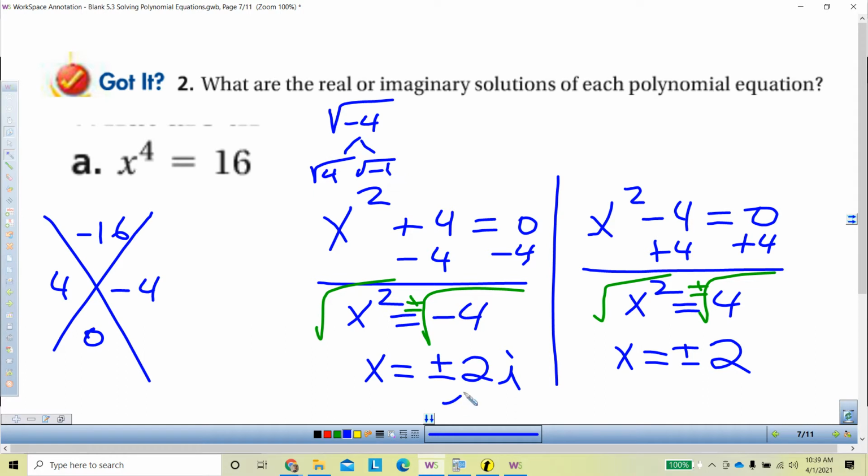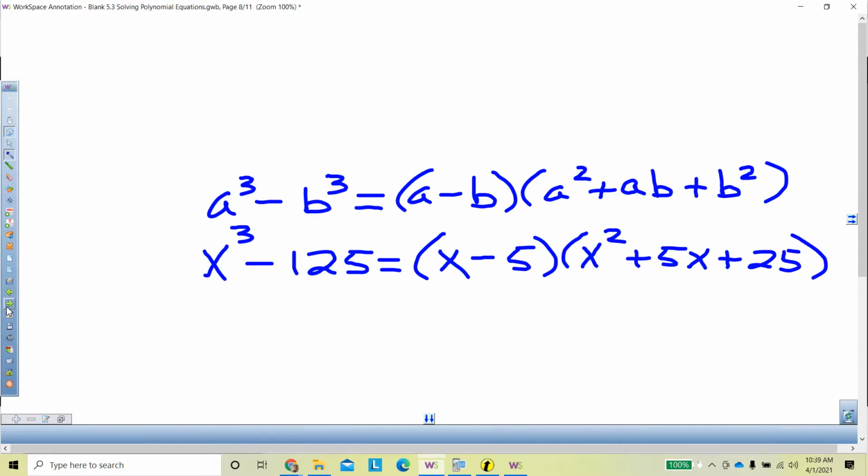That's where I got the 2 and the i. Square root of 4 is just 2. Again, make sure you got those 4 answers, right? x to the 4th at the beginning, plus or minus 2i, plus or minus 2, 3rd and 4th answer. It's good times. Just wait till you start to do the homework.